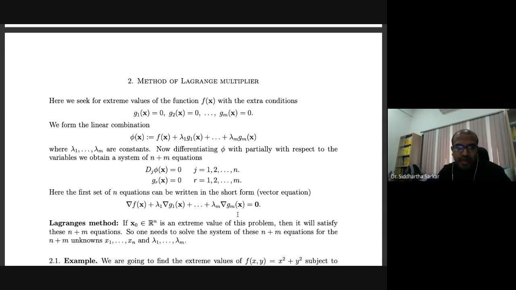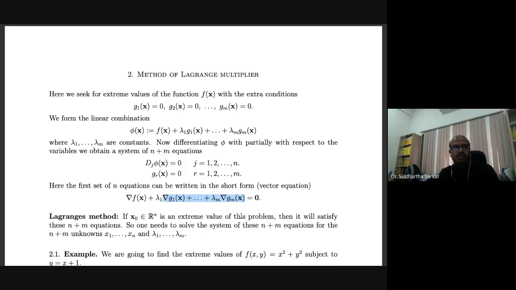Often it is easier to write down this equation in a compact notation: nabla f(x) plus lambda 1 nabla g1(x) up to lambda m nabla gm(x) equated to the 0 vector. This is easy in some cases. The Lagrange method basically gives a necessary condition. It's not sufficient, so this is the limitation of this method.